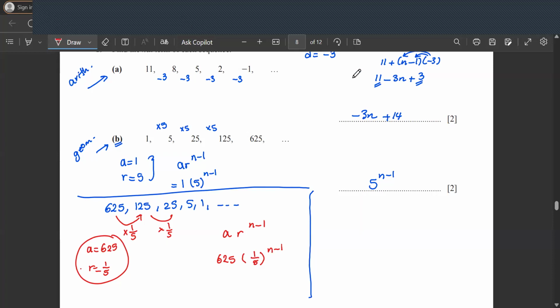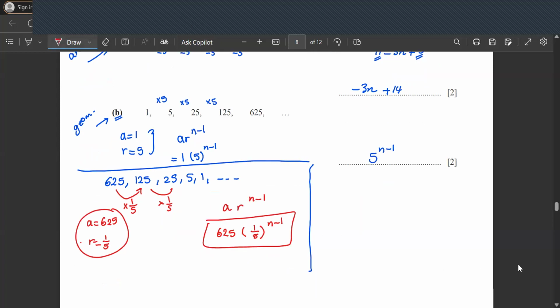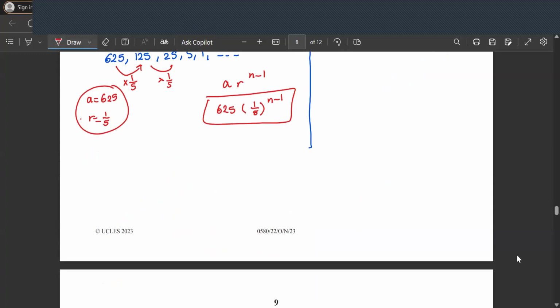Leave it as it is. Do not do anything. So the answer will be 625 times 1 over 5 to the power n minus 1. This is the answer as it is. I mean, do not multiply anything by anything.